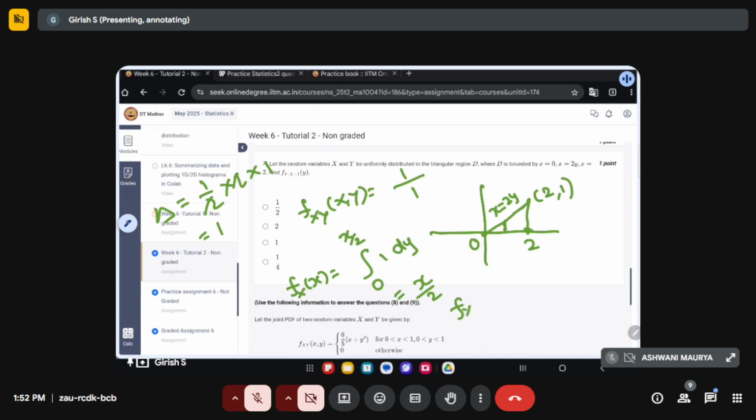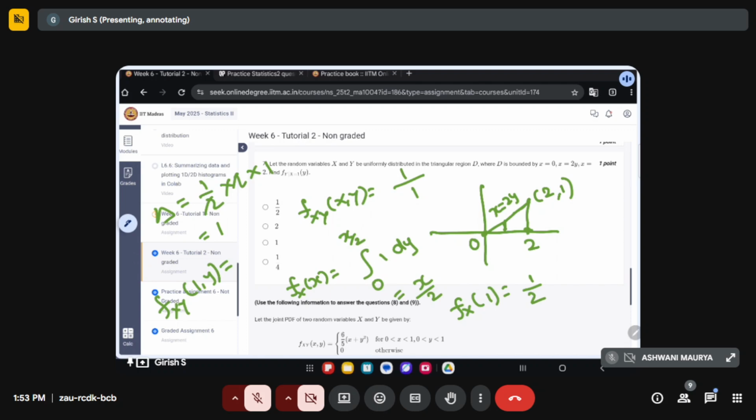Yes. So this becomes your y and fx of this becomes here. So fx of 1 is 1 upon 2. Now this is your denominator. In the numerator we have fxy of 1 comma y. What is fxy of 1 comma y?